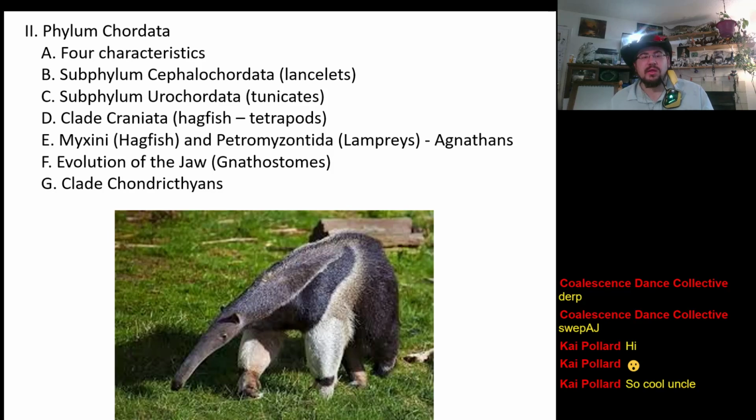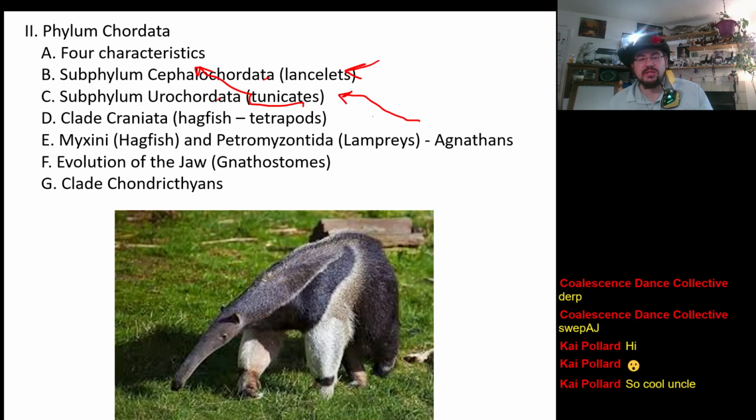All right. Chordata. 4 distinct characteristics in chordata. Oh, hey, this is just my roadmap. So we will be talking about the 4 characteristics. Then subphyla Cephalochordata, the lancelets that have a beautiful image of all four characteristics.